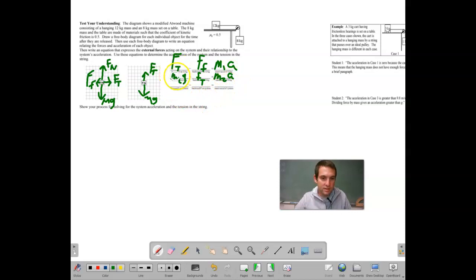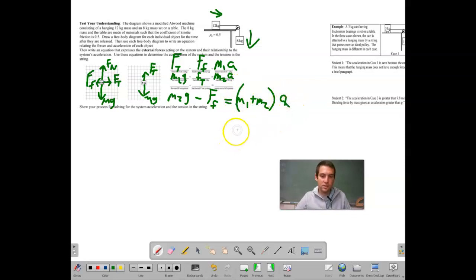And then for the entire system, the whole thing, this is going to go down and this is going to go to the right. So the stuff making it go is going to be m2g minus the stuff holding it back, which is this frictional force acting on the heavy mass, equals the combined masses, 1 plus 2, times the system's acceleration.